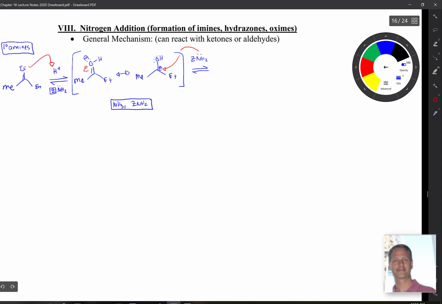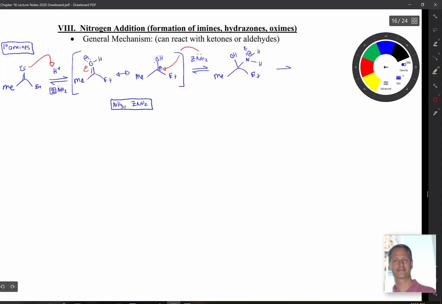All right, so then what do we get here? We have our methyl, our ethyl, our OH, our nitrogen with a Z group, an H and an H, and a plus charge. And at this point in time, it's really just a series of proton shuffles.